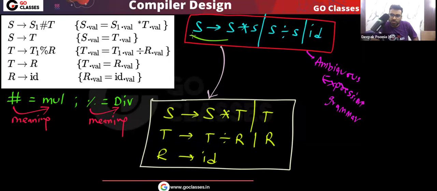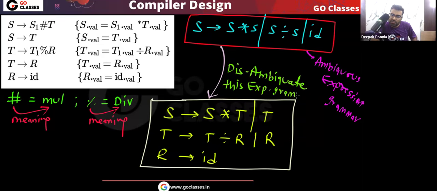Basically, when we disambiguate this expression grammar manually, then we will get this unambiguous expression grammar.